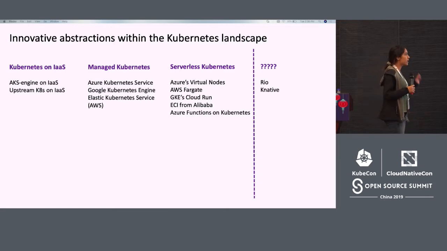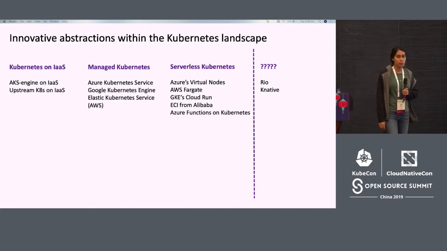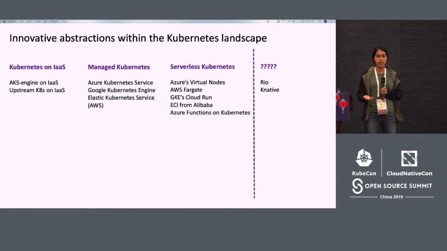So while we continue to get there, there's probably something else that would hopefully abstract away maybe even Kubernetes itself and leave the entire management of Kubernetes or distributed system up to someone else, possibly a cloud provider, and possibly, I don't know, another operations team, possibly. There's a couple things that are starting to get into that space. So Rio from Rancher is a good example where they're trying to have people just deploy applications, and we'll get into it a little bit later. Then also Knative on top of Kubernetes.